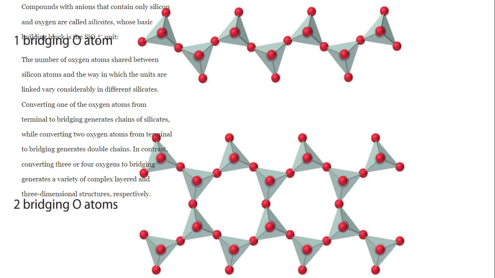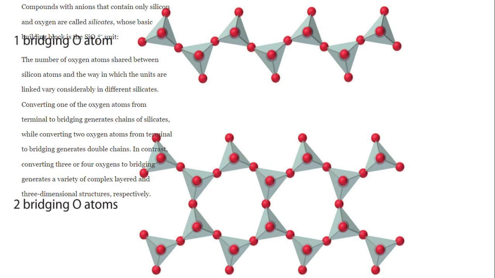Converting one of the oxygen atoms from terminal to bridging generates chains of silicates, while converting two oxygen atoms from terminal to bridging generates double chains. In contrast, converting three or four oxygens to bridging generates a variety of complex, layered, and three-dimensional structures respectively, as shown here.